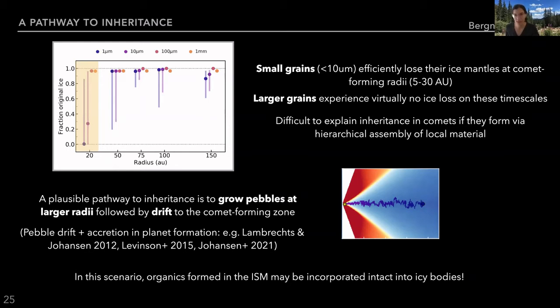If you're only losing 10 or 20% of your interstellar material in forming these pebbles, then you have a plausible way of delivering these molecules that are synthesized in the interstellar medium to terrestrial surfaces via impact. So I think that's also a nice connection that we can make.